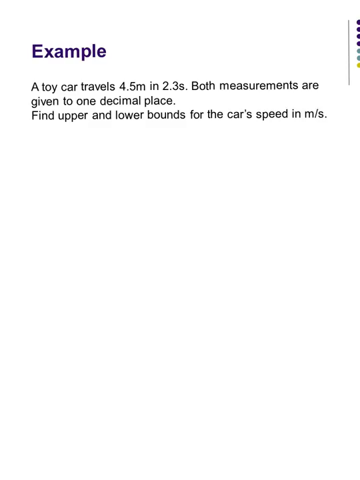So in this example, a toy car travels 4.5 metres in 2.3 seconds. Both measurements are given to one decimal place. Find the upper and lower bounds for the car's speed in metres per second. Our units are fine: we've got metres and we've got seconds.